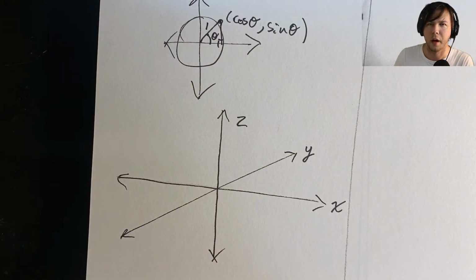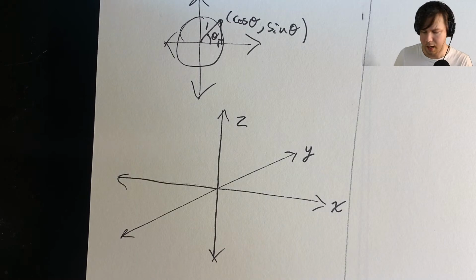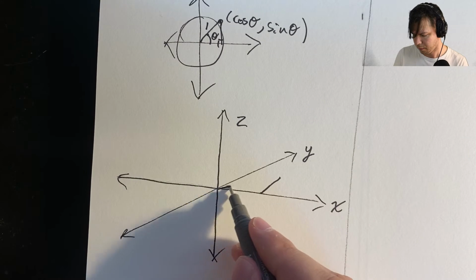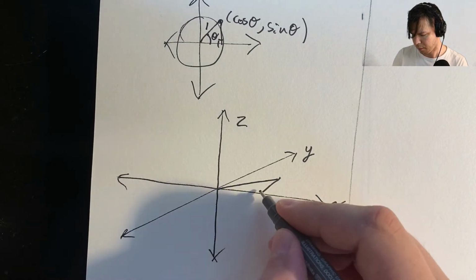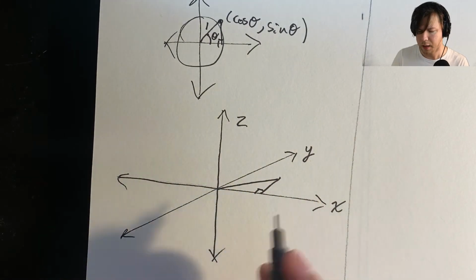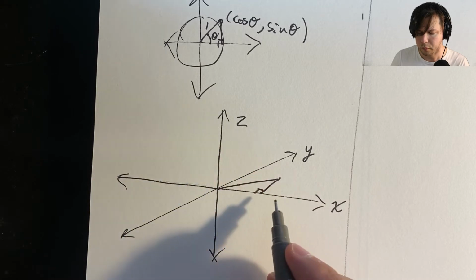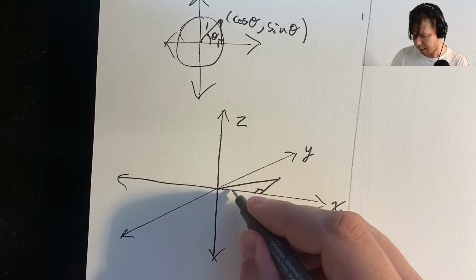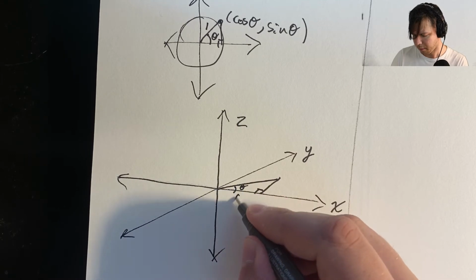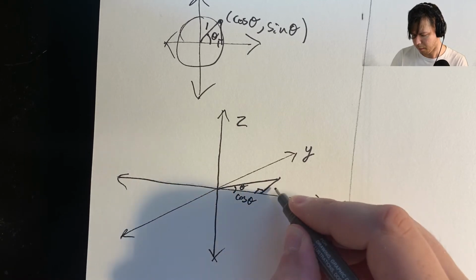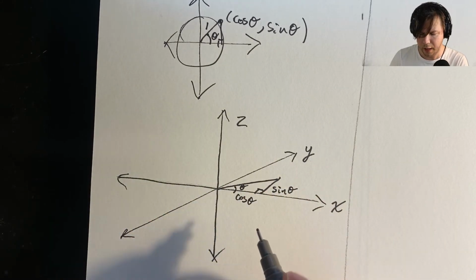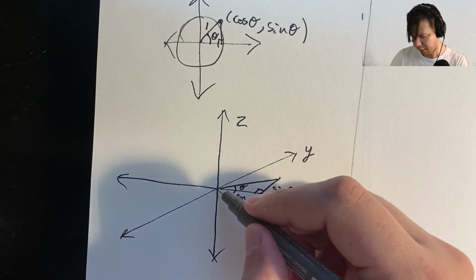To start with, I would just construct a right-angled triangle in 2 dimensions. So we'll say, here we have an angle theta.